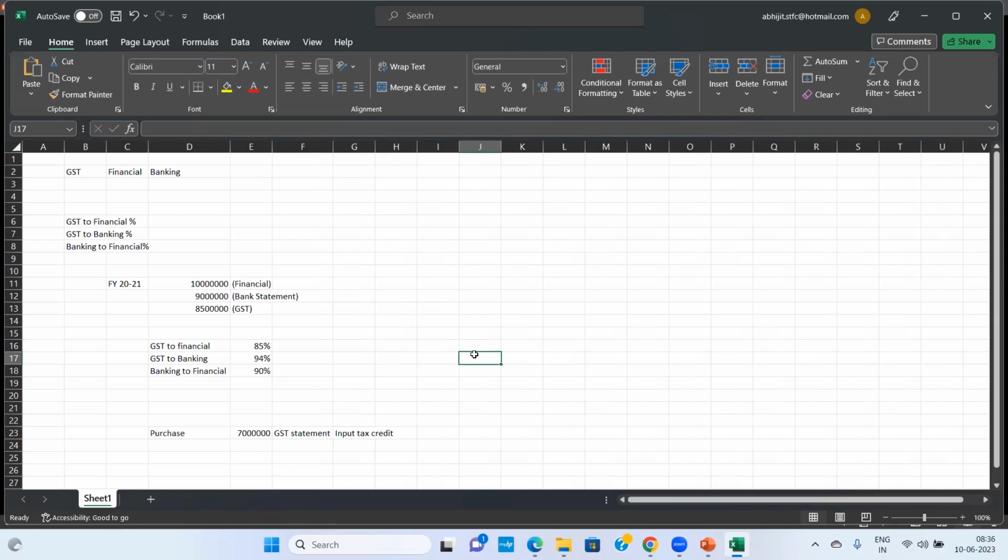Input tax credit means whatever tax I have paid, I am taking a return for that. So if my tax is say 18 lakhs, which I am claiming as input tax credit, what can be my purchase? I hope you understand how GST operates, right? Anybody who doesn't understand? Yes, 1 crore. So my purchase is 1 crore, considering 18% as GST.